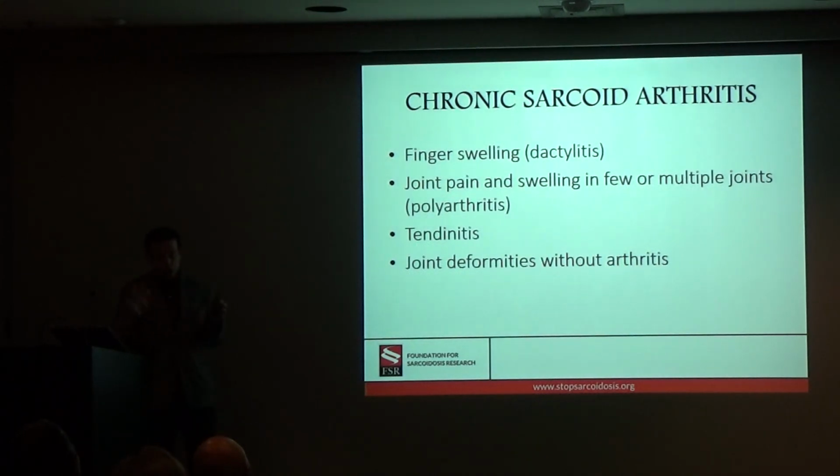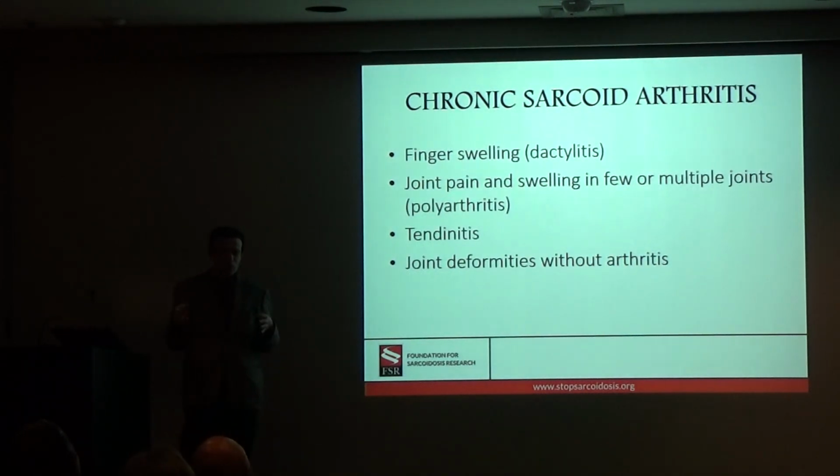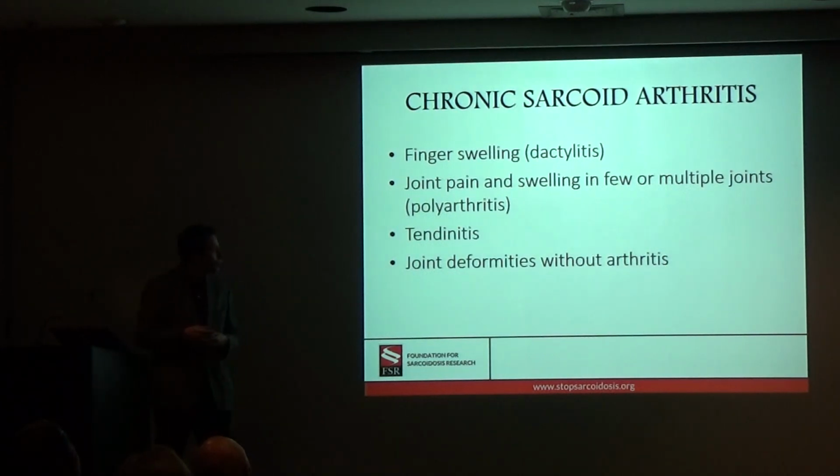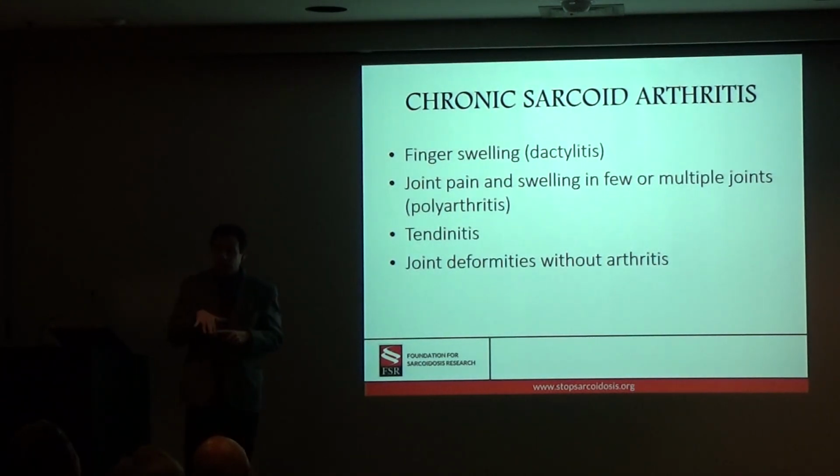We call this arthritis. When it's multiple joints, we call it polyarthritis. It can affect the tendons around the joints, and it can give you this tendinitis. And it can also replace the normal tendon tissue. And when the granulomas replace and destroy the tendon, then the joint gets deformed.